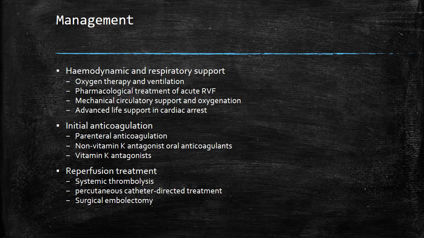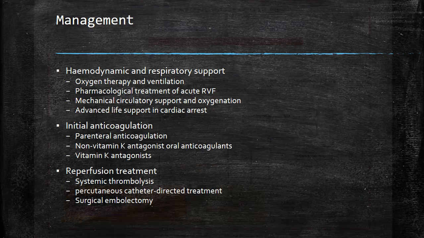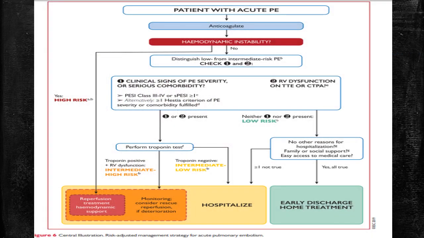If a patient is hemodynamically unstable, you will start with hemodynamic and respiratory support, which includes oxygen therapy and ventilation, pharmacological treatment of acute right ventricular failure, mechanical circulatory support and oxygenation, which is ECMO, and advanced life support in cardiac arrest. Also, you will go for initial coagulation and reperfusion treatments, which are different drugs, anticoagulants and thrombolytics.